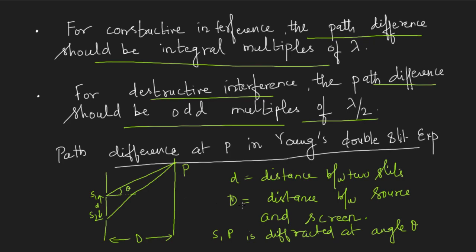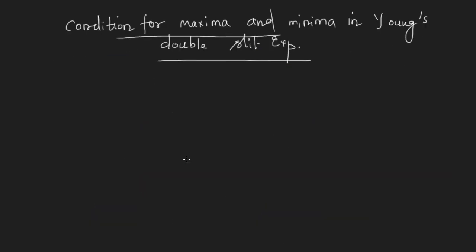Now I want to find the path difference between S1P and S2P in order to find the conditions for maxima and minima in Young's double slit experiment.